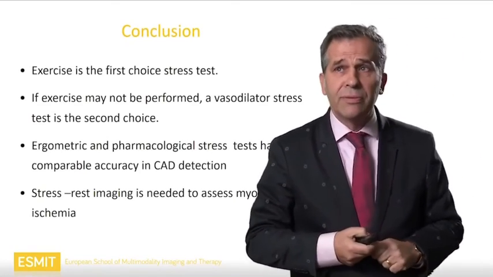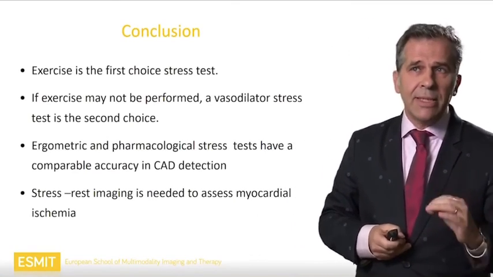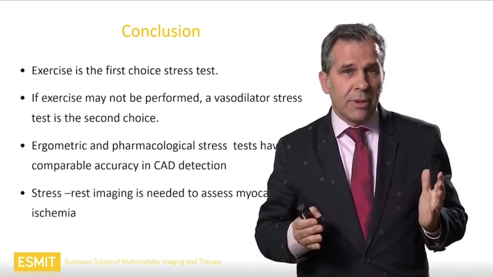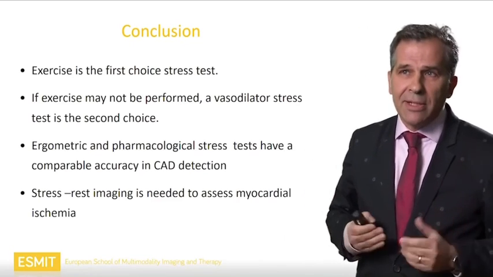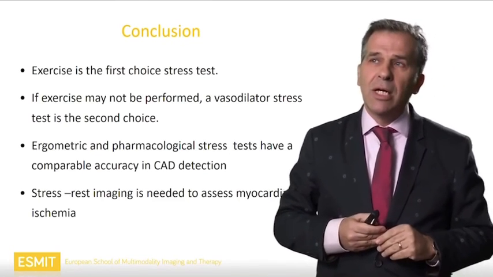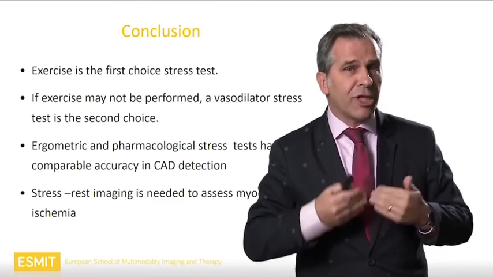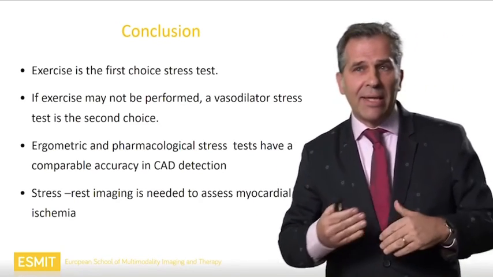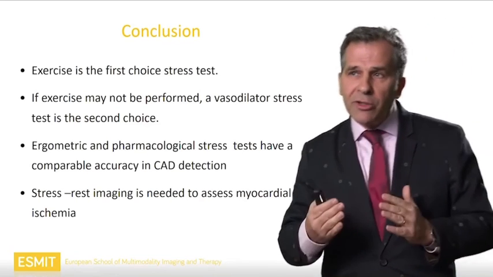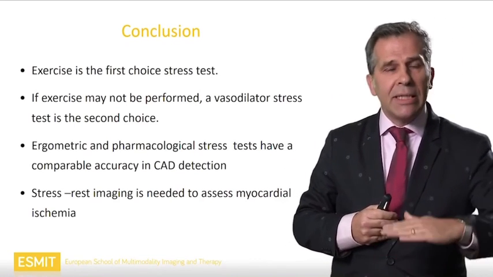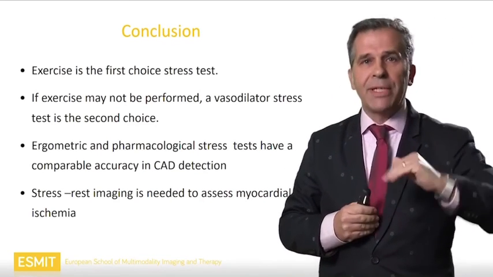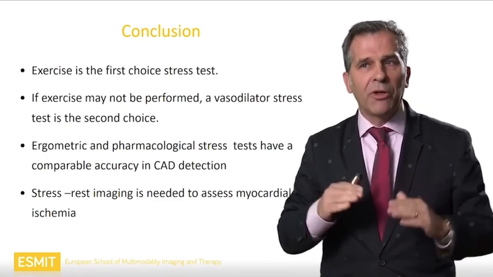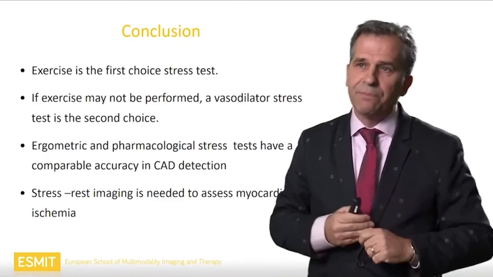So in conclusion, exercise is the first choice stress test. But sometimes, if exercise cannot be performed, a drug test can be the second choice. And of course, whether you do ergometry or a drug test, in terms of diagnosis and prognosis, there is comparable accuracy in the literature.